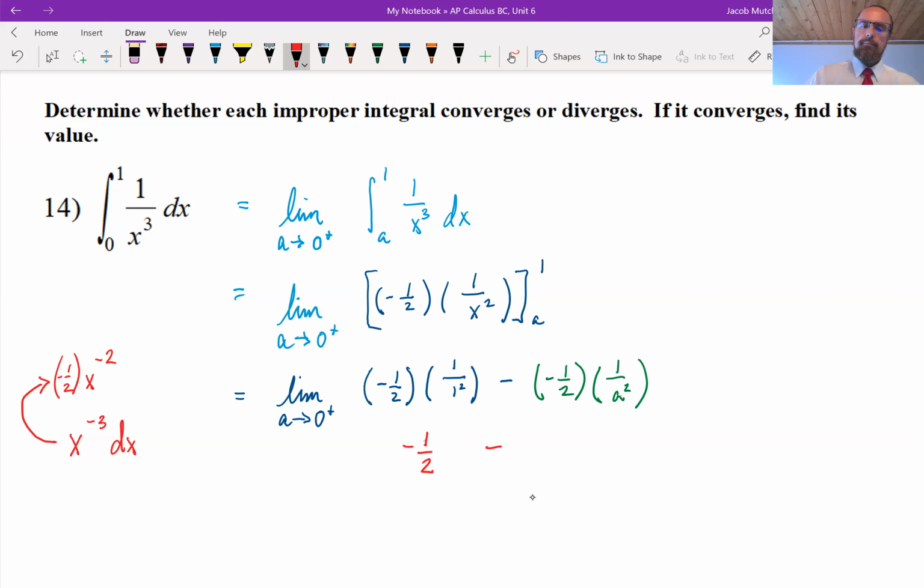So this is really +1/2 times infinity. And again, what I've got to say is that that is a limit that does not exist. It's infinite. And therefore, again, what I would claim about the original improper integral is that it diverges.